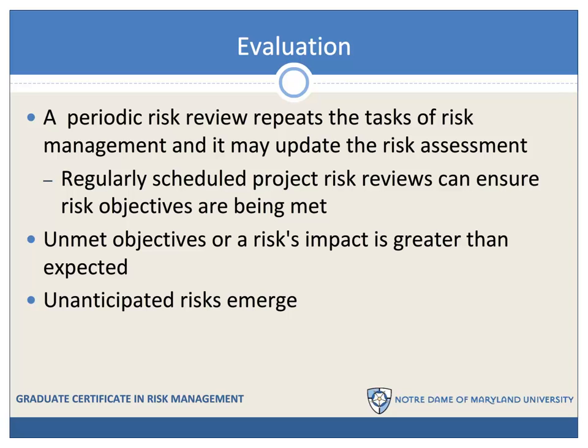It should also indicate when a risk's impact is greater than expected. The risk review ought to also look for the occasion of unanticipated risks emerging. For example, the automobile industry has been so successful in making automobile theft more difficult that these improvements are considered responsible for the dramatic rise in the number of carjackings in the United States.